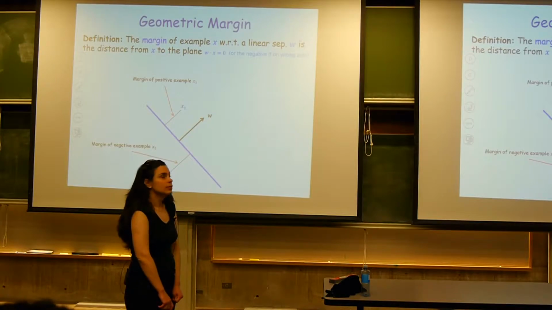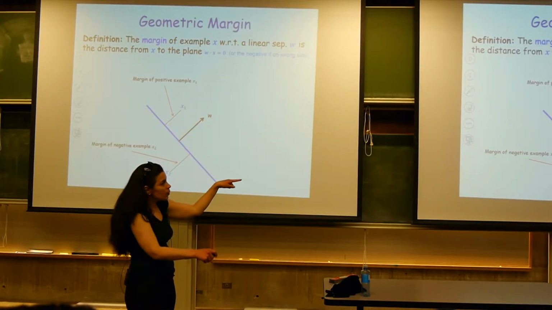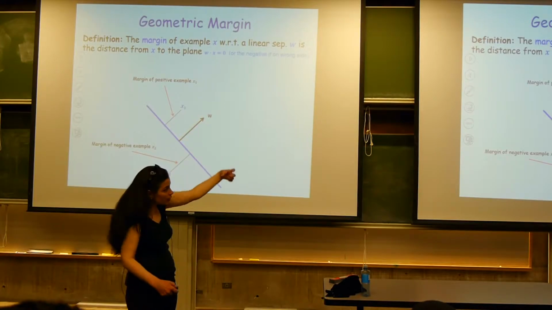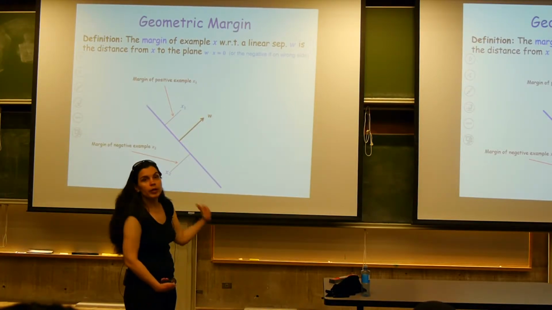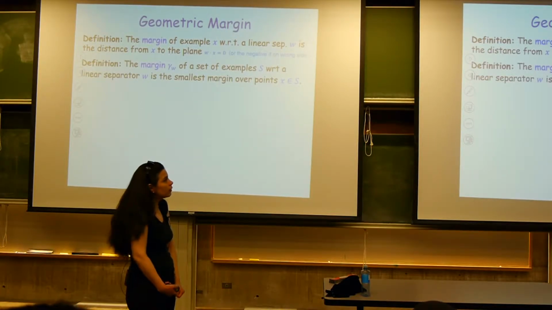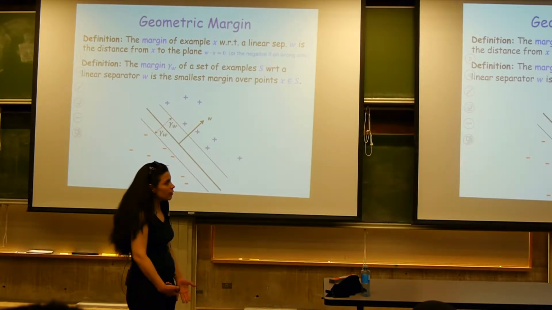So given a linear separator specified by normal vector W, the margin of an example X with respect to that linear separator is just the distance from the point to the separator.